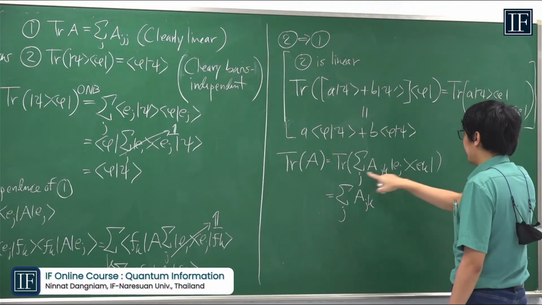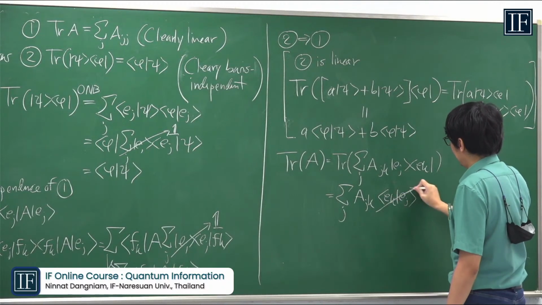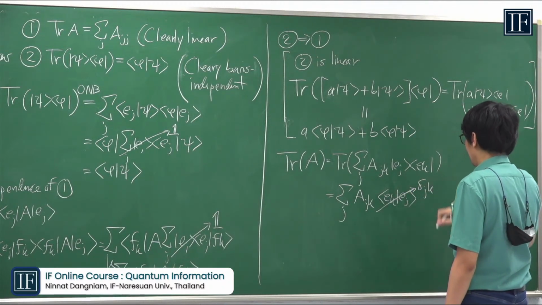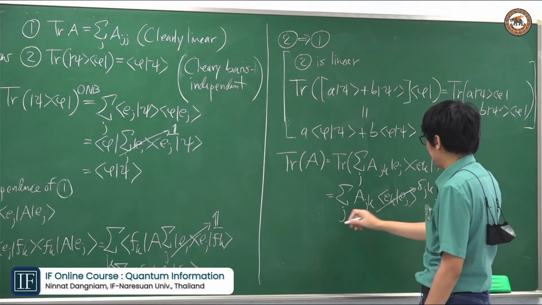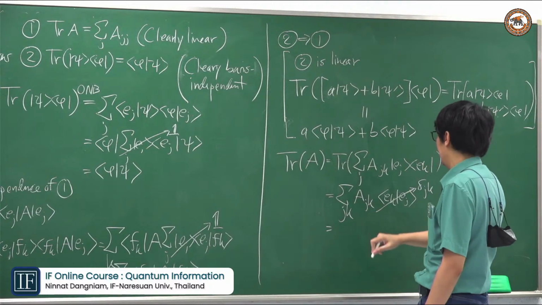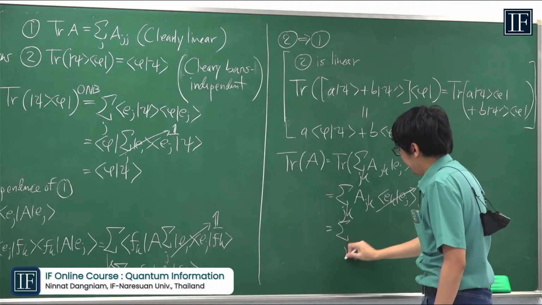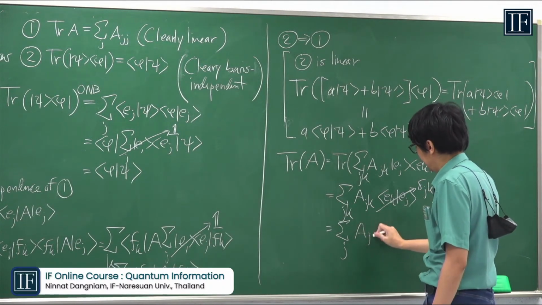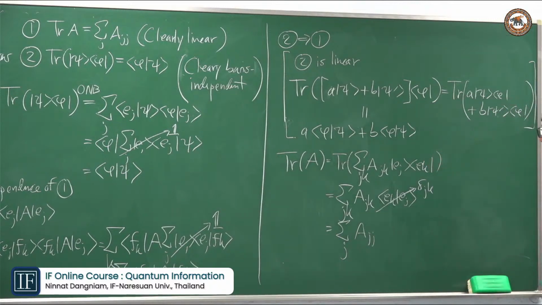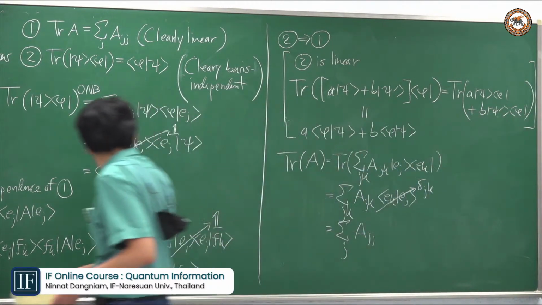And then I apply the second definition, which will just be a Kronecker delta, with indices j and k. And this Kronecker delta collapses the sum to just one sum. Any question?